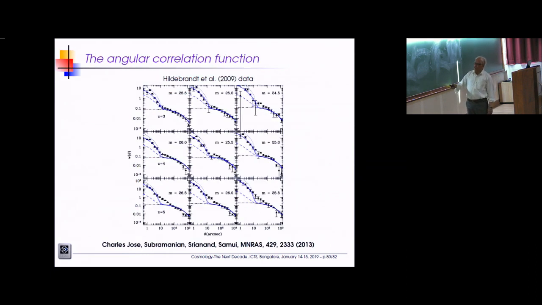And using all this technology, we've fitted all the clustering by this single halo term and by this satellite central clustering term. Most of the time we found a good fit, but many times we could never explain the highest redshift and the brightest galaxies at an intermediate range of distances.